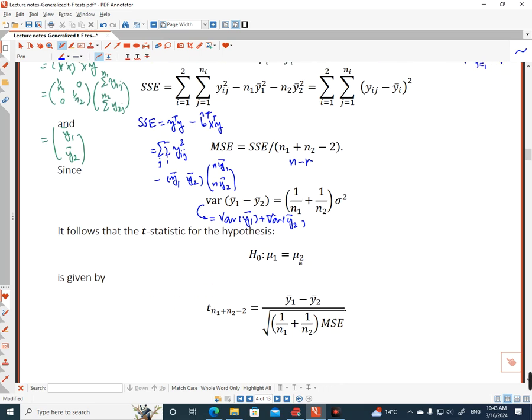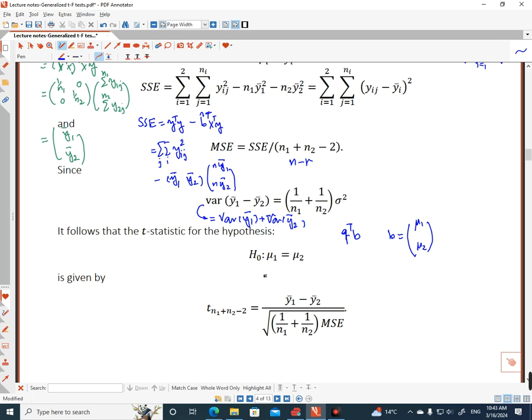First of all, this is a common test for two sample problems. For two sample problems, you want to check whether the mean of the first sample is equal to the mean of the second sample. Let's say the blood pressure of the girls to the blood pressure of the men or boys. We want to check that. Okay, I need first to write it as q prime b. Here b is mu1, mu2, and we need to find the q.